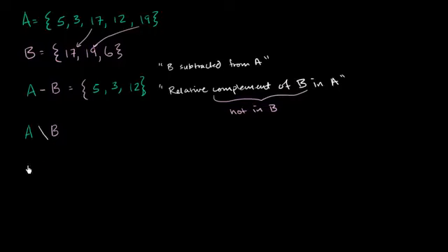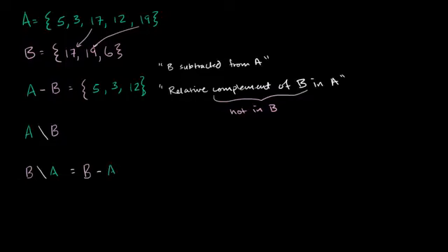What would B slash, I'll just call it a slash right over here, what would be B minus A? So what would be B minus A, which we could also write as B minus A?